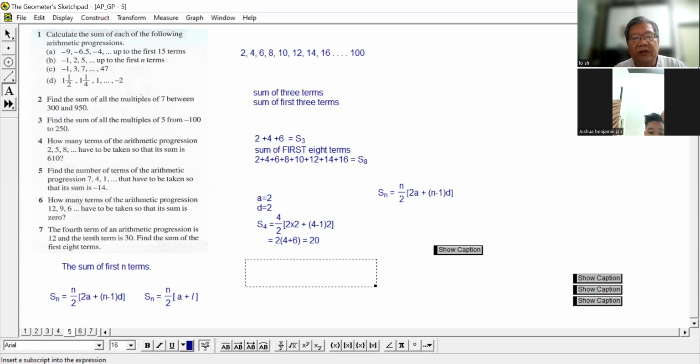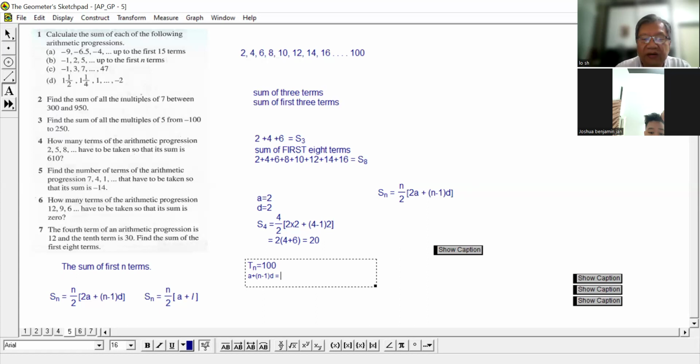We call this term Tn. Tn equals 100. If Tn is 100, then a plus n minus 1 d is 100.